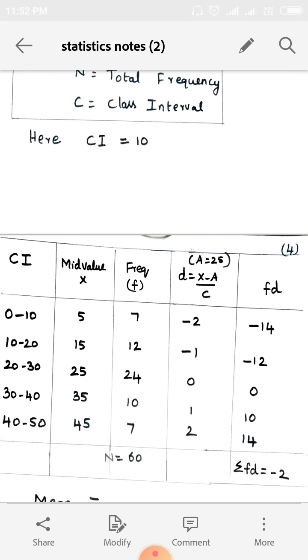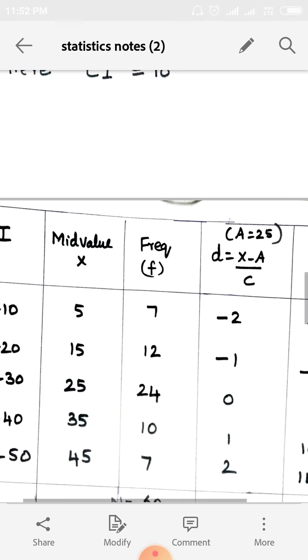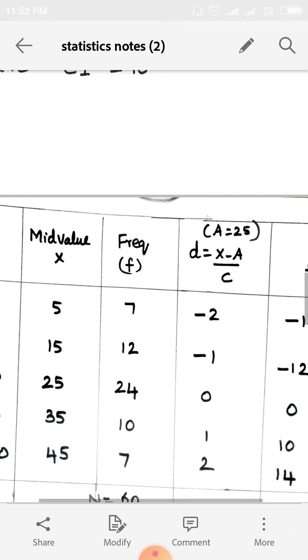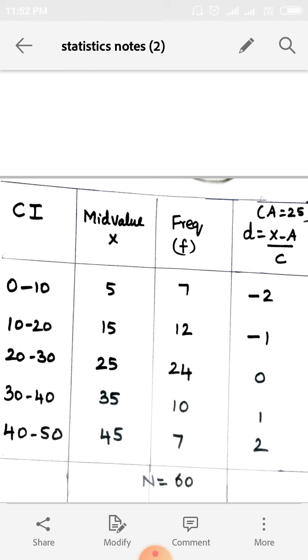Next you have to find d. What's the formula for d? d is x minus a by c. We know the x values. What is a? a is the assumed mean. In the mid values 5, 15, 25, 35, 45, how many values are there? 1, 2, 3, 4, 5.